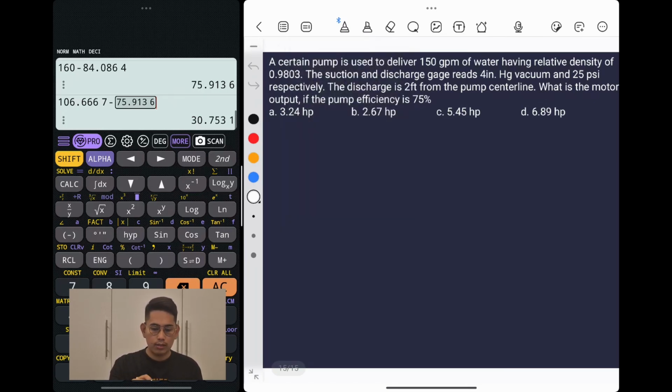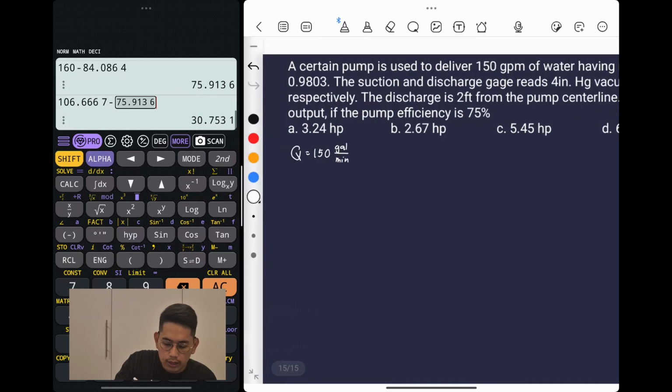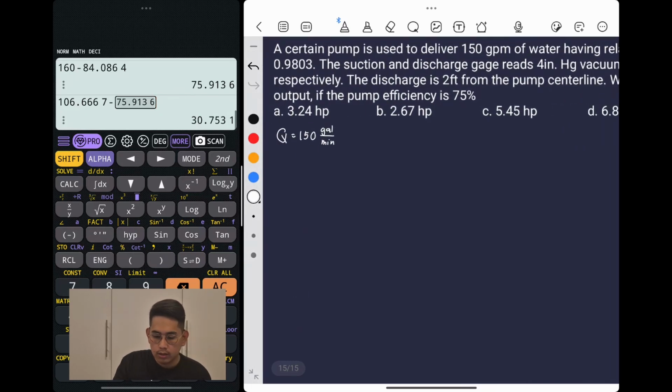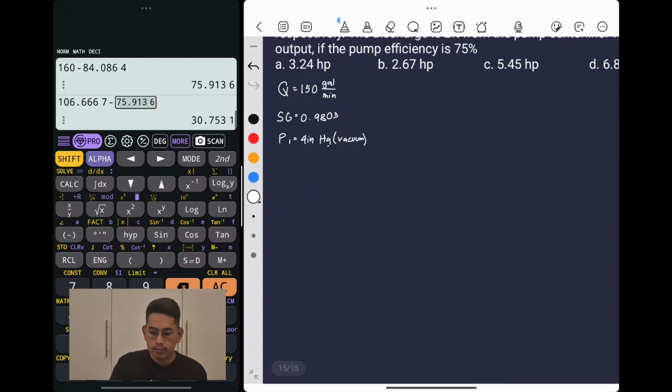So, first, tuloy mo natin ang mga given. So, deliver daw ng 150 gallons per minute. So, ang relative density natin, or ang SG, is 0.9803. The suction naman is the P1 is equal to 4 inch ng mercury, which is vacuum. And the 25 psi is the P2.